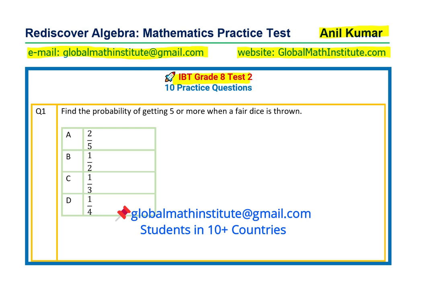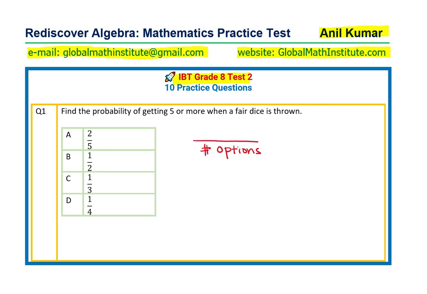The very first one, probability. Find the probability of getting 5 or more from a fair dice when a fair dice is thrown. So dice is thrown means number of options, right? So number of options total are 6, right? And favorable options, right? Number of favorable.